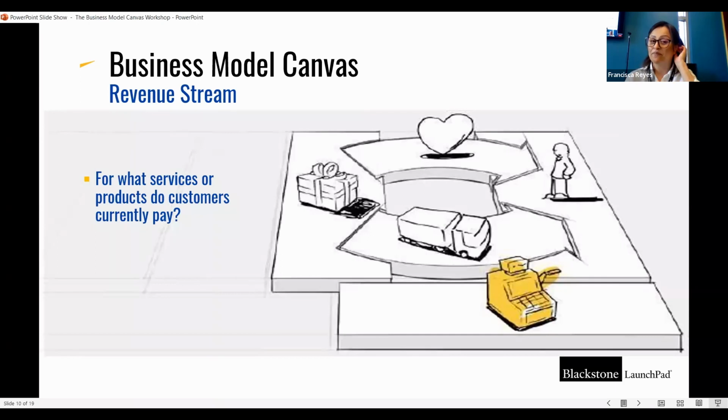But this block is more about if you're going to give them subscriptions, if you're going to give them memberships, if you're going to charge different prices for the customer segments. So let's say that I'm going to charge 50% of the price to the college students, and I'm going to charge a premium of 200% to the rich people. How are you going to do this according to these groups?